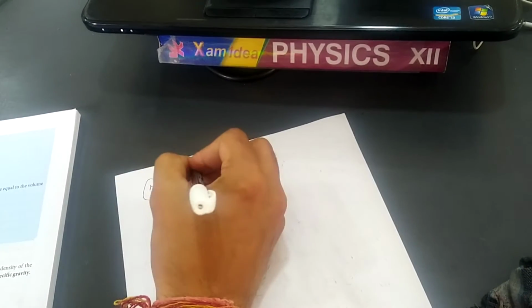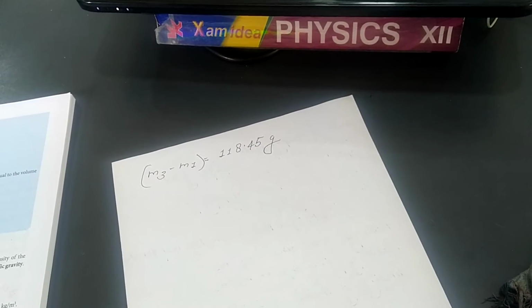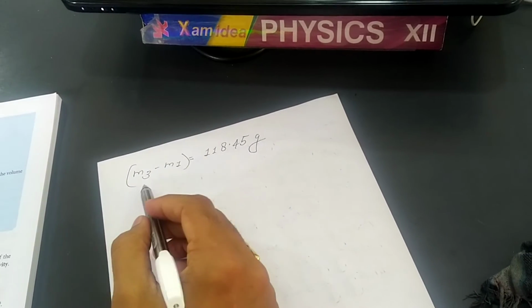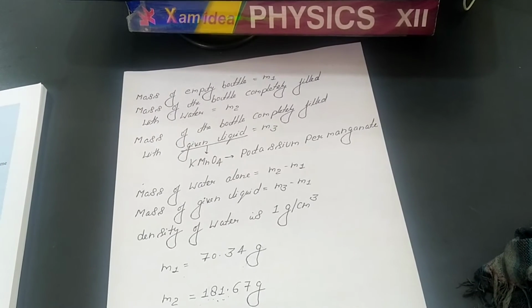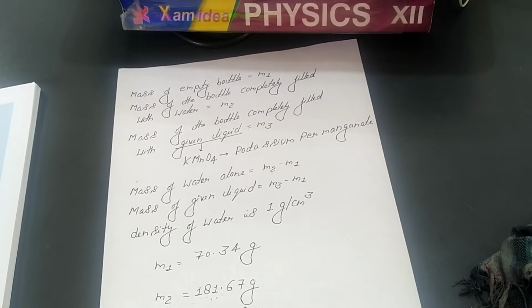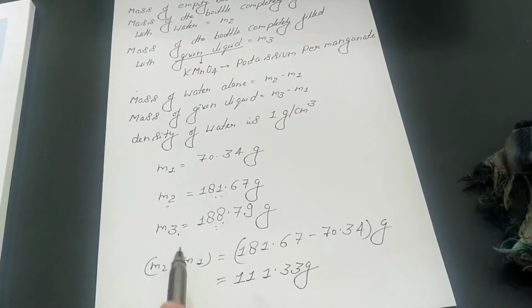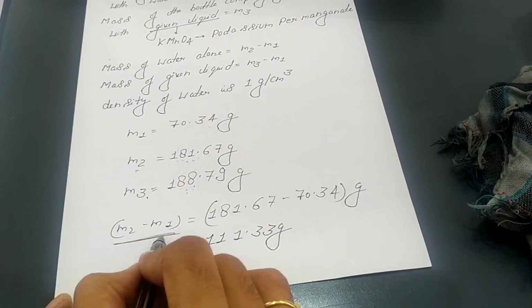This is M3 minus M1, that is the mass of the given liquid only, as the mass of the given liquid with the bottle includes the mass of the bottle also, right? And the other is the mass of the water, only water.